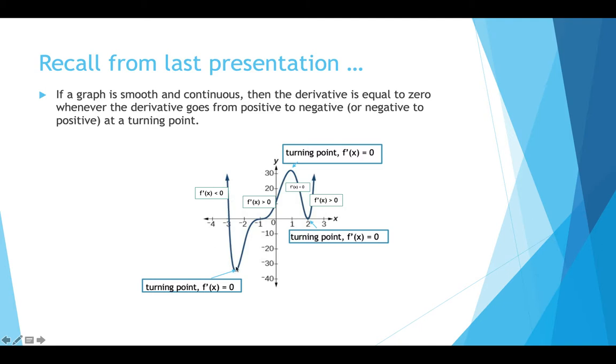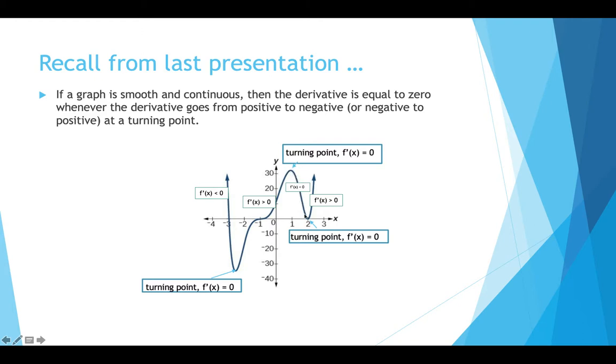And then it has to turn, and the derivative will equal 0 in order to then have an interval where the function increases. The interval where the function increases means that the derivative is going to have a positive value. And then if it turns again and the function decreases, at the turning point, the derivative is 0.